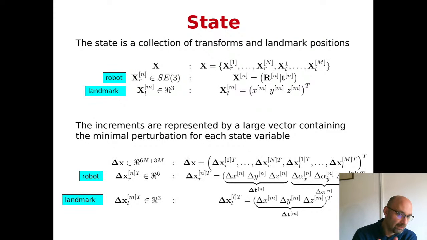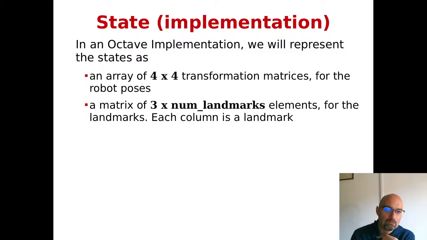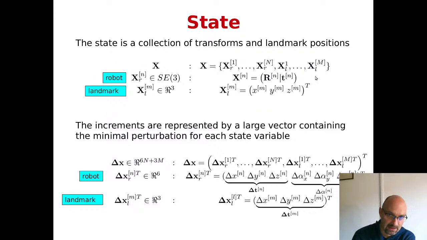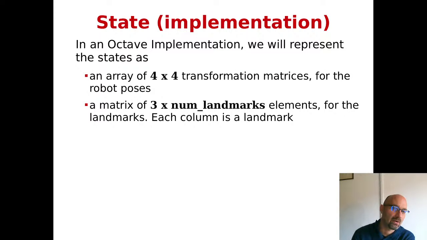Okay, if I want to implement the state in Octave, because this lesson goes together with the code, I will represent this state with an array of 4x4 transformation matrices for the robot positions, which becomes a 3-dimensional matrix in Octave, and a matrix 3 times the number of landmarks for the landmarks in the map, the points being estimated.